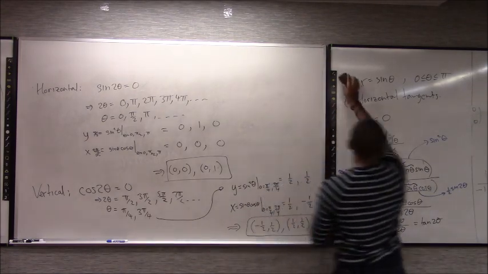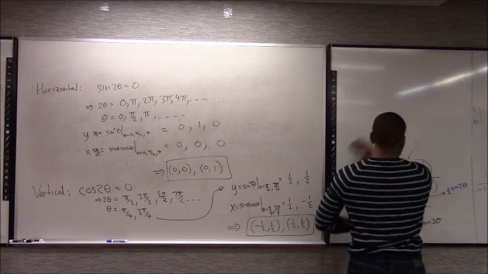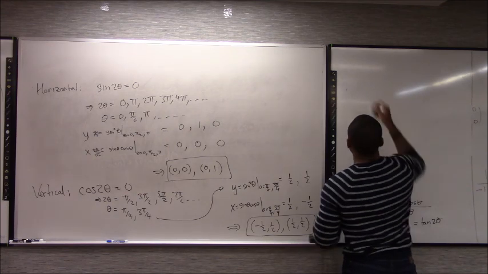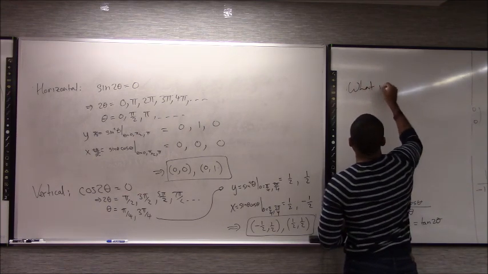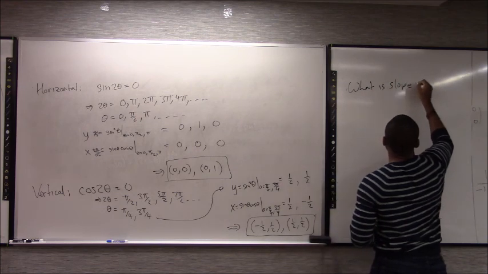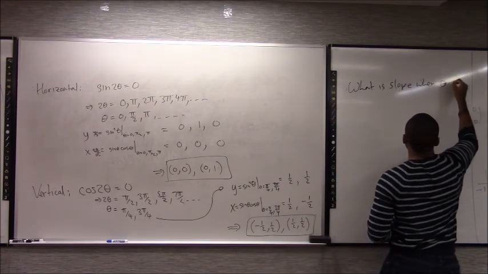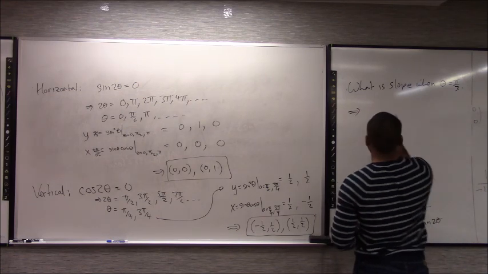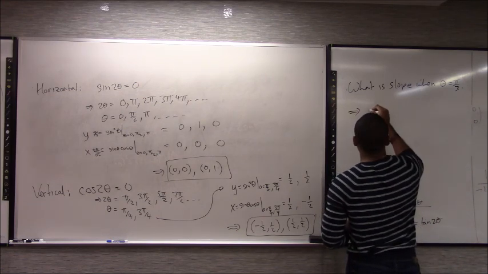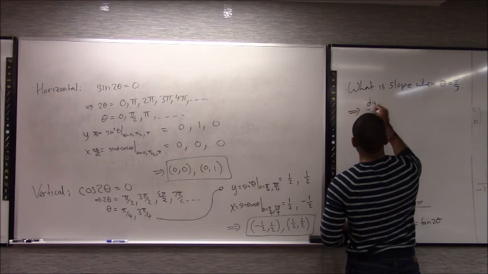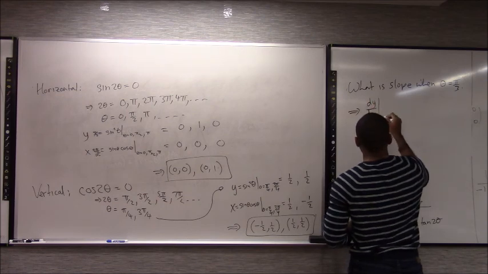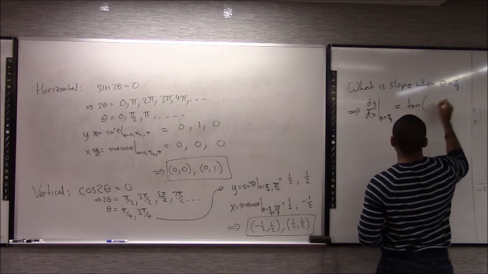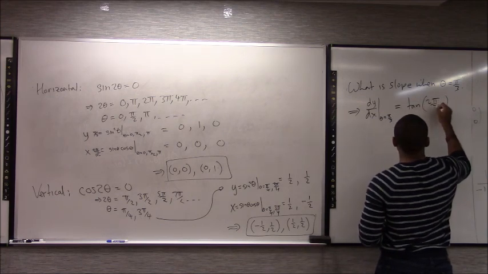And what is the slope? A second part here. What is the slope when theta equals pi over 3? Well, this just means I would plug in, I know that dy/dx evaluated at theta equals pi over 3 is just going to be the tangent of 2 theta, so it's 2 pi over 3.